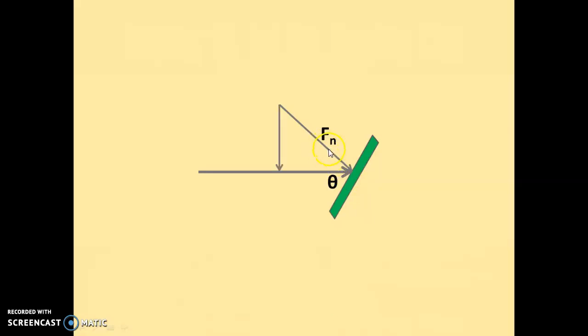Now we can see that this angle here is theta, so this angle will be 90 minus theta, this angle will be 90 degrees, and hence this angle will be theta degrees.